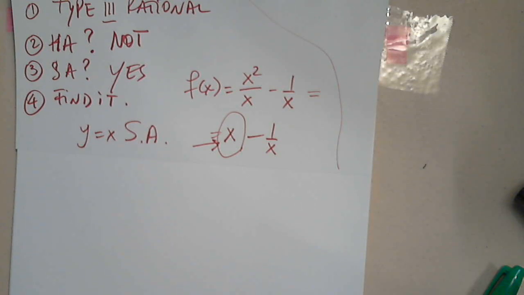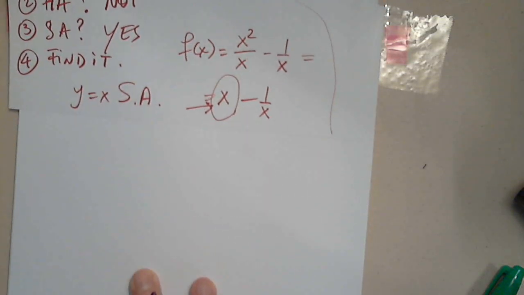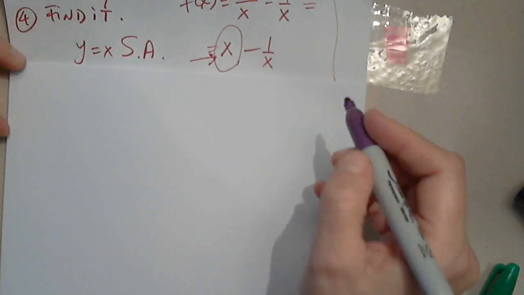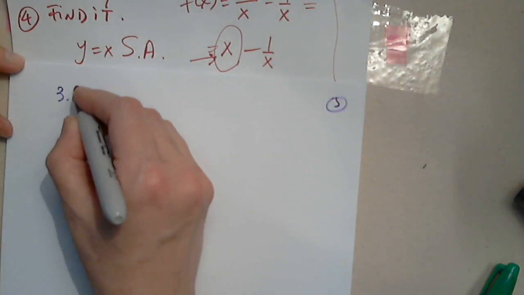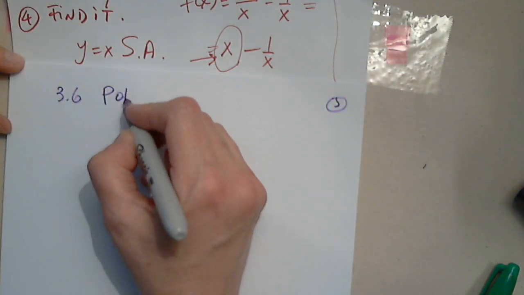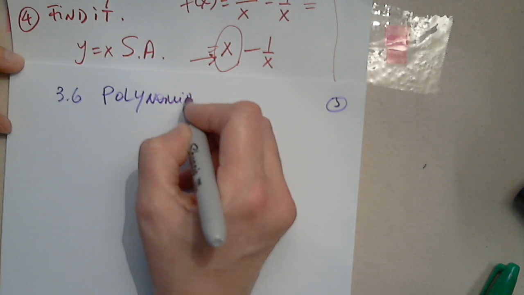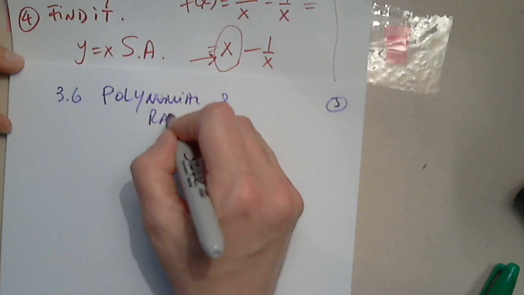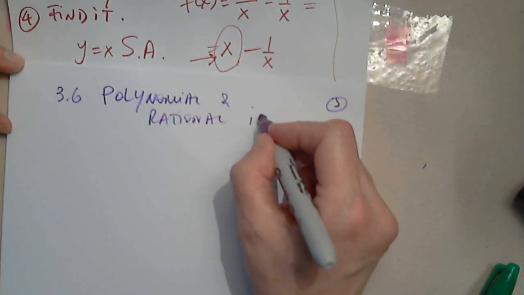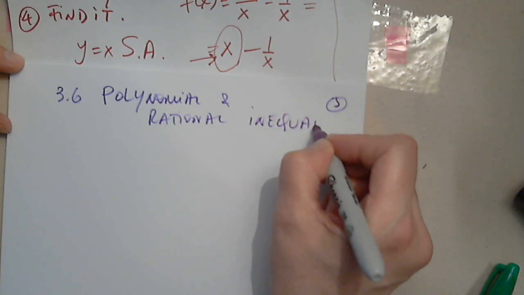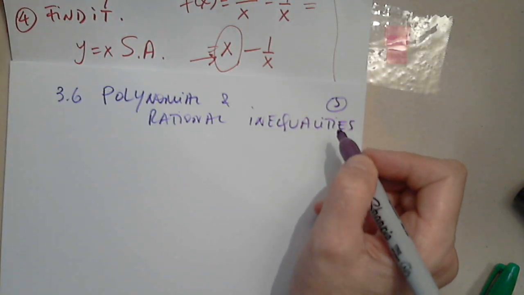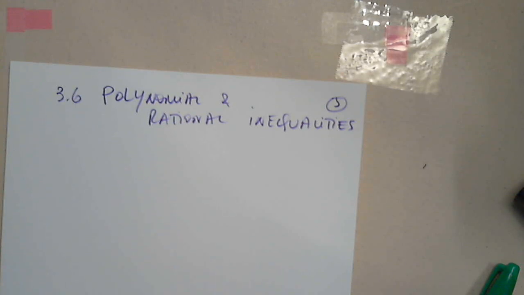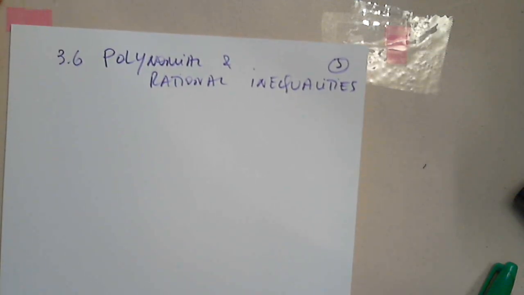Okay, perfect. So our next step, last section for test 2, is section 3.6, polynomial and rational inequalities. So let's refresh our memory on the types of inequalities we know so far.